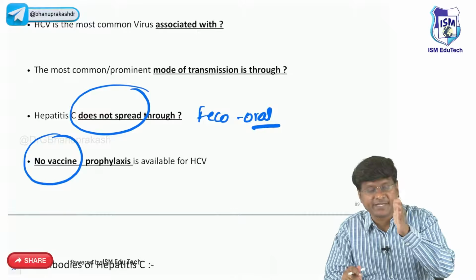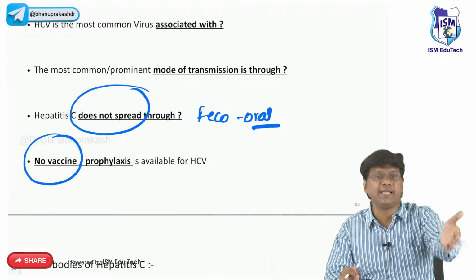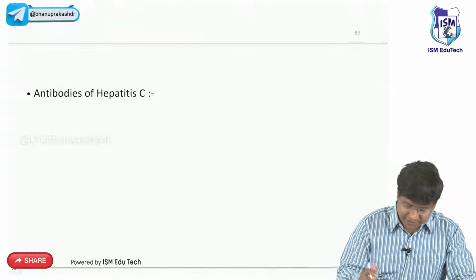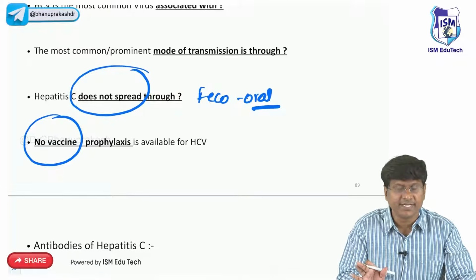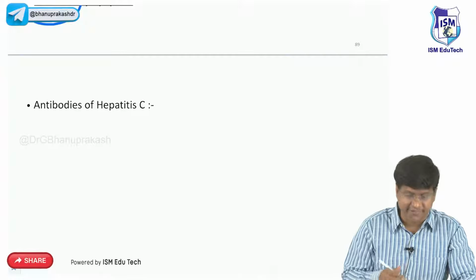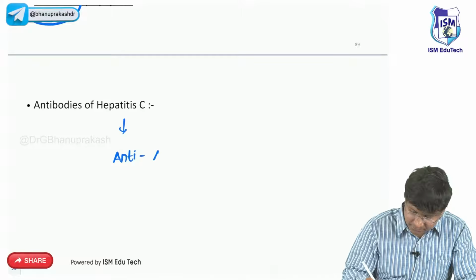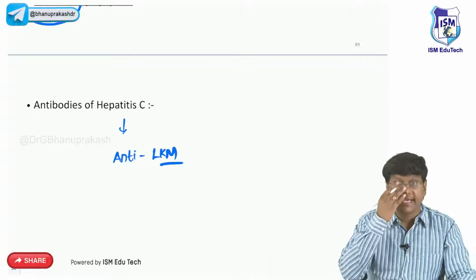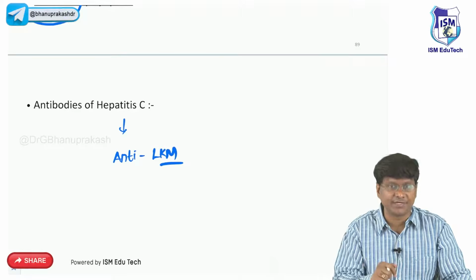This hepatitis C virus has the highest malignant potential. Malignant potential is highest for the hepatitis C virus, right? And also in hepatitis B. Now, if you take the antibodies in hepatitis C virus, the antibodies are anti-LKM antibodies, right?